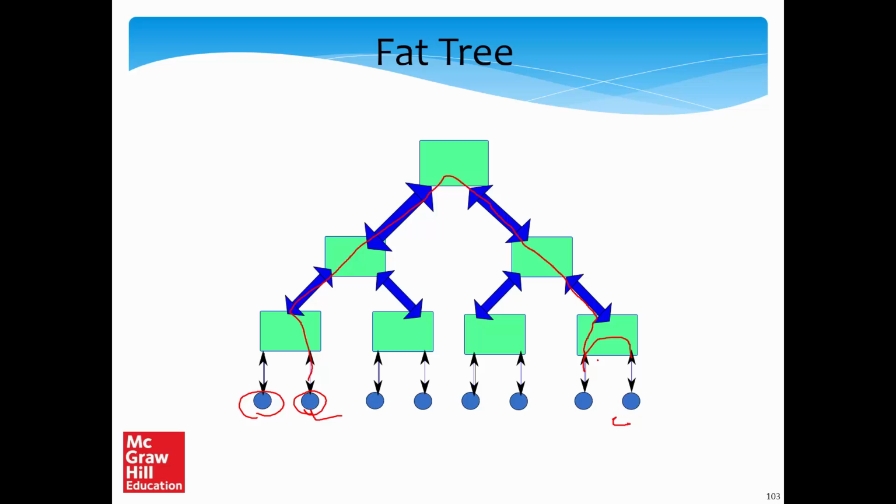So one thing that is obvious is that a lot of messages, if you think about it statistically, 50% of the messages will go via the root. Because if we assume that the traffic pattern is random, then there's a 50-50 probability that a message will be in this half or in that half. So half of the messages will be traversing the root.